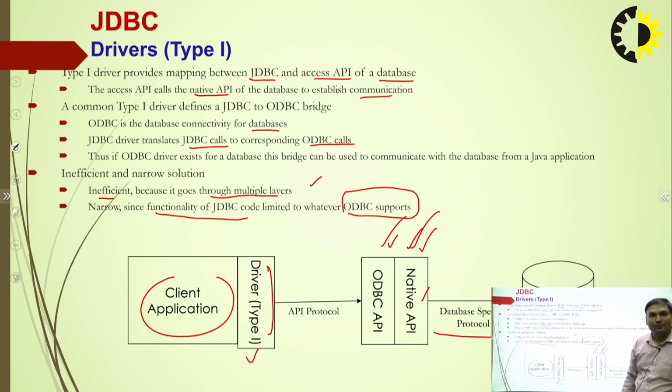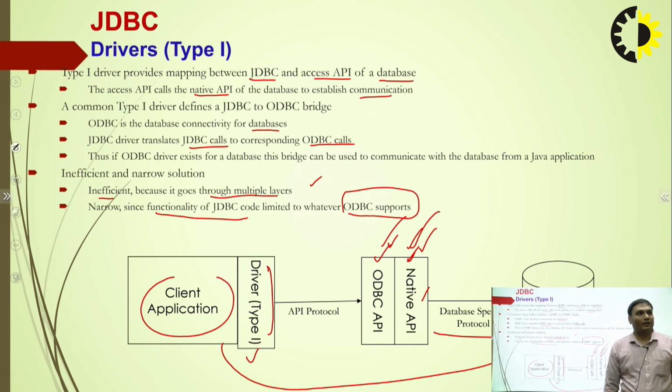So where ODBC supports, only then JDBC code will work, right? So the ODBC API totally depends on the native API, or the native API depends totally on the ODBC API. Then only we will be able to connect our application to the database. So this is the limitation of type 1 driver.